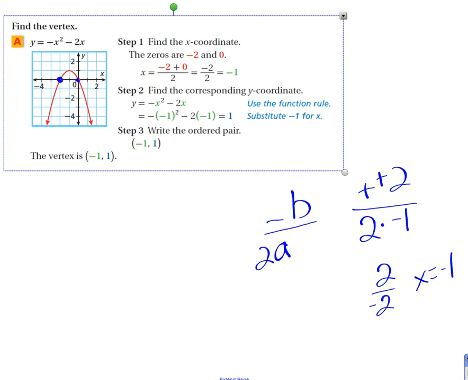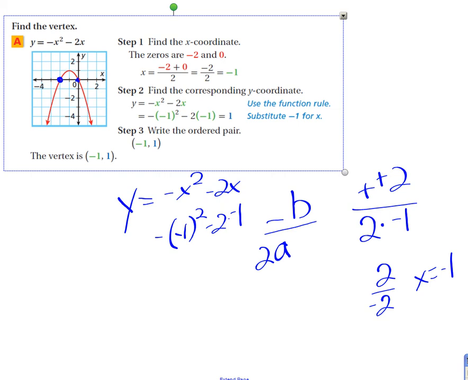Okay. Find the corresponding y coordinate. So if we take our equation, which is y equals negative x squared minus 2x, and our axis of symmetry is negative 1, so we have negative 1 squared minus 2 times negative 1.